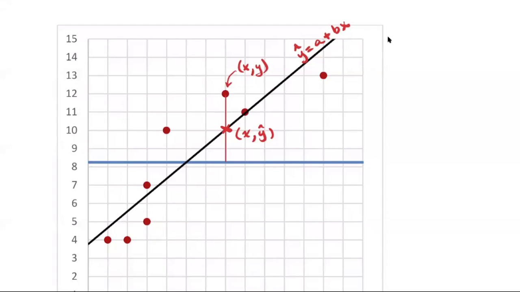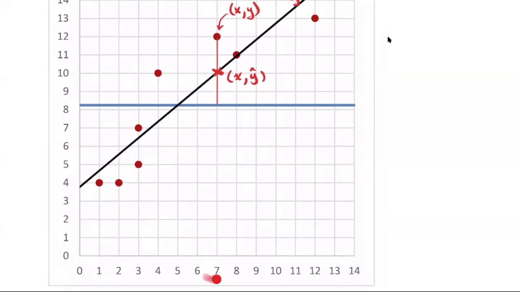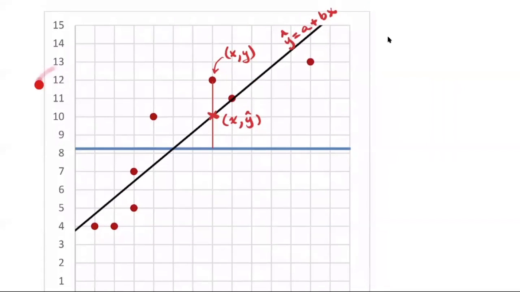The idea is that you're predicting about 10 murders per 100,000 people. So if you go from that predicted point to the y value, it's 10. So this city that had 7,000 automatic weapons registered, we only predicted the murder rate to be 10, but it turns out it was 12. So the difference between those is the residual.